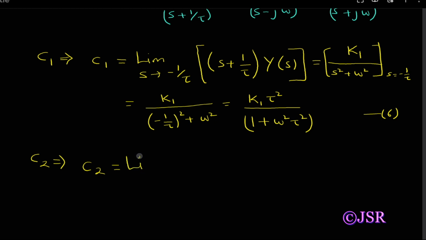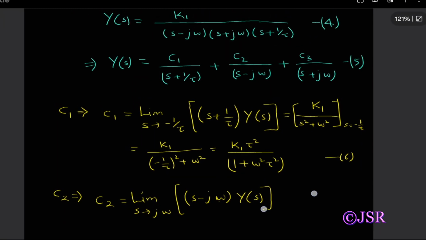C2 can be evaluated the same way. So limit s tends to j omega, and the denominator of C2, that is (s minus j omega) times y of s.